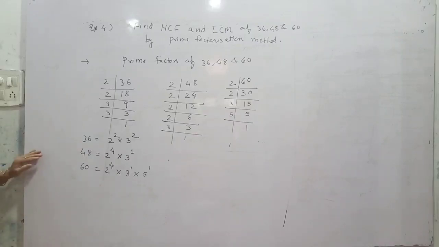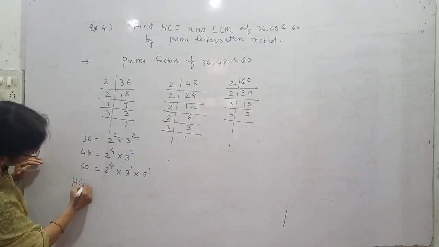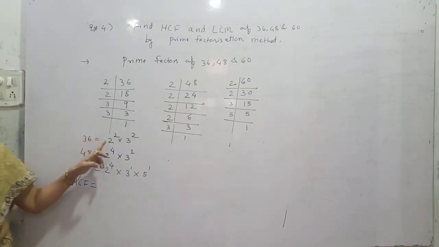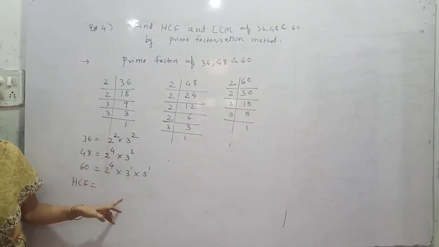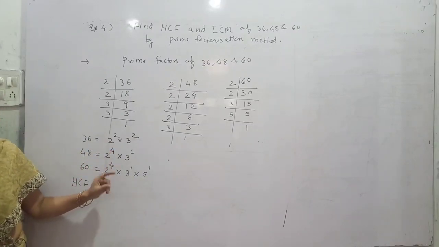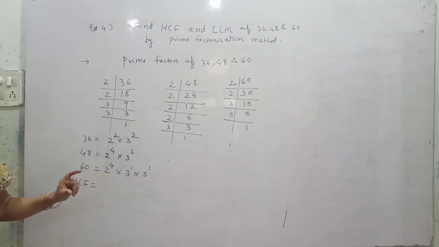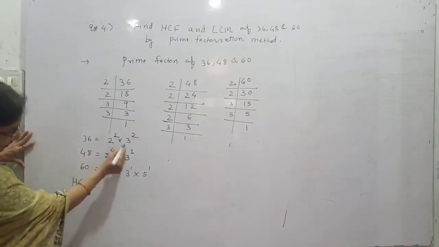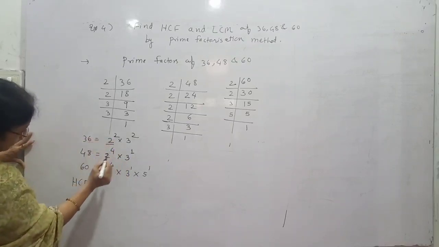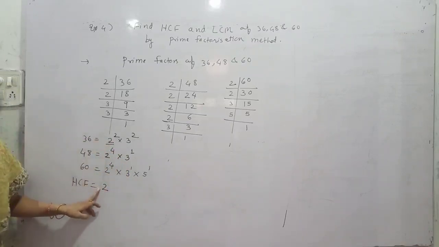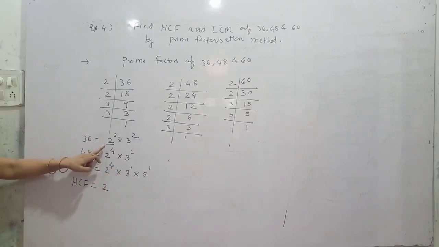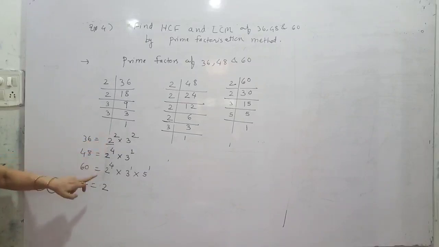Now HCF, how do you write HCF? HCF is the product of common prime factors with least index or least power. Here the common factors are 2 and 3. For 2, we have 2 raised to 2, 2 raised to 4, 2 raised to 4.